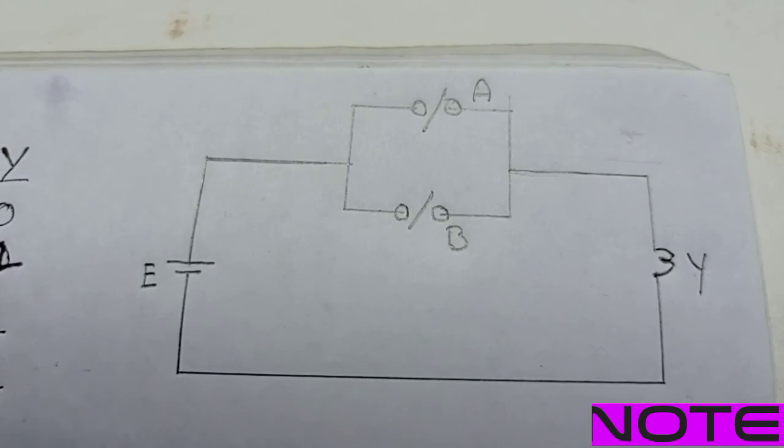If we consider turning on as state 1 and turning off as state 0 for the switches A and B, and 1 for the lamp Y to glow and 0 for not glowing, the combinations can be expressed in the same truth table. So logically, this is also an OR gate.